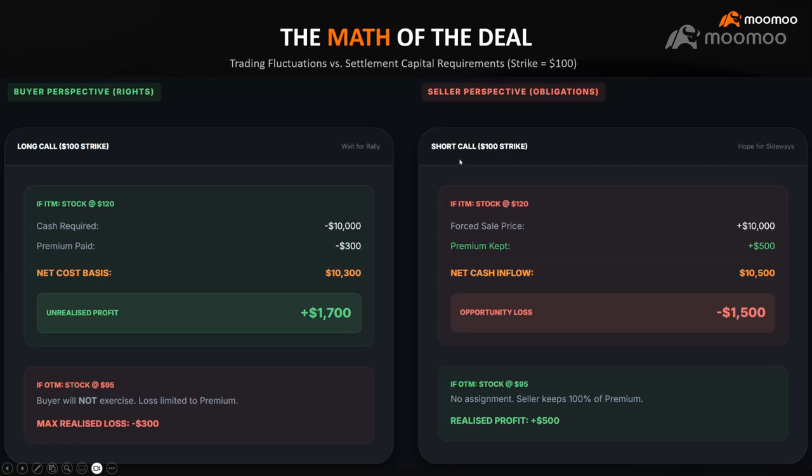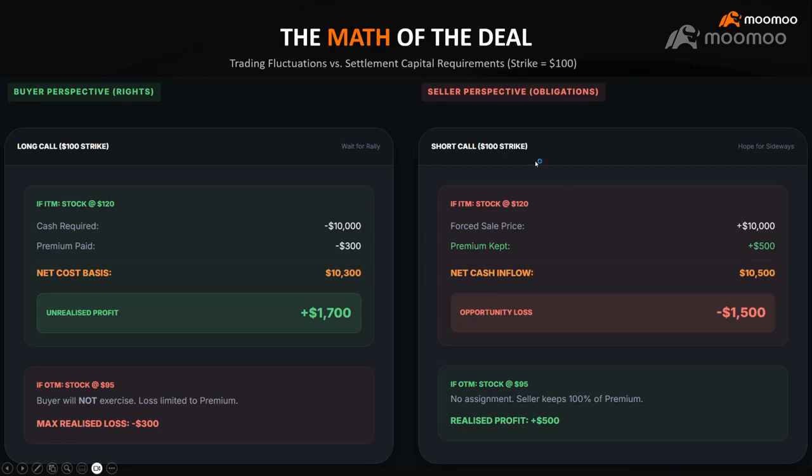This one is a bit interesting. Say you are shorting a call, with the same strike price. When you short it, for example, at $5, $5 multiplied by 100 per contract, you receive $500 premium.